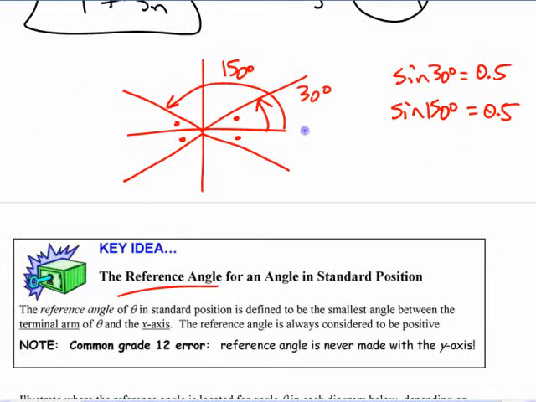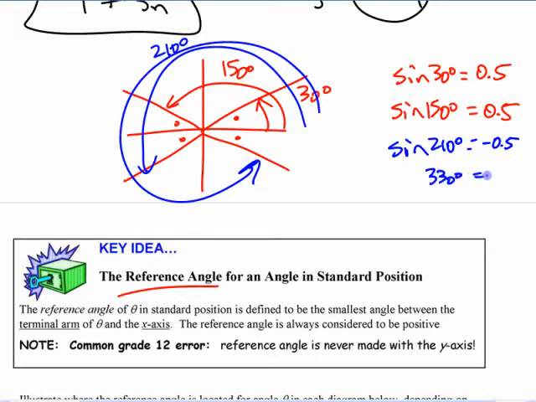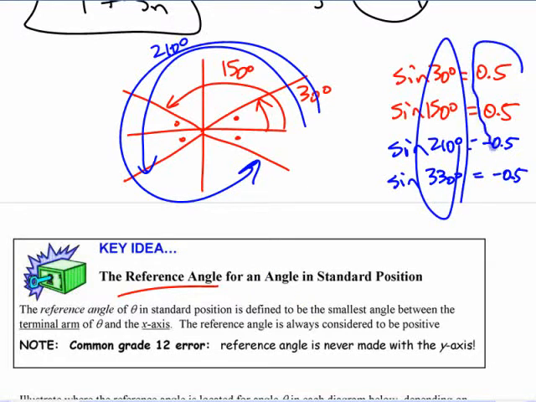You might have found that this angle, what would that be? 210. You'd find that sine of 210 is negative 0.5. And the last one there is 330. The sine of that angle is negative 0.5 as well. These angles are all related to each other in that the number part, the absolute value of the trig ratio, is the same.